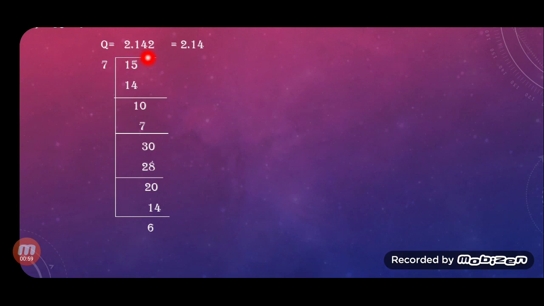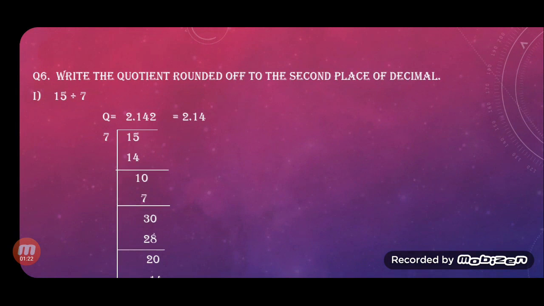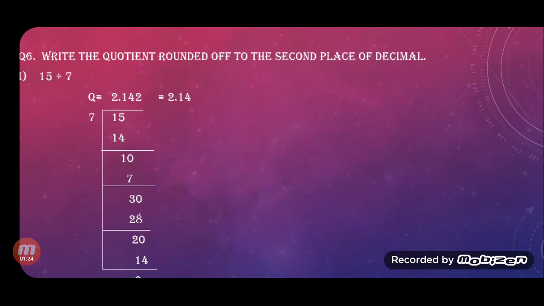Children, if I say 2.14, you have to find the second place, that is up to 4, but you will find one more place quotient as I told you in the rule. So 7 2 ja 14. 10 minus 4, it is 6. So what is the question? 2.142. And what is the question? Write the quotient rounded off to the second place.